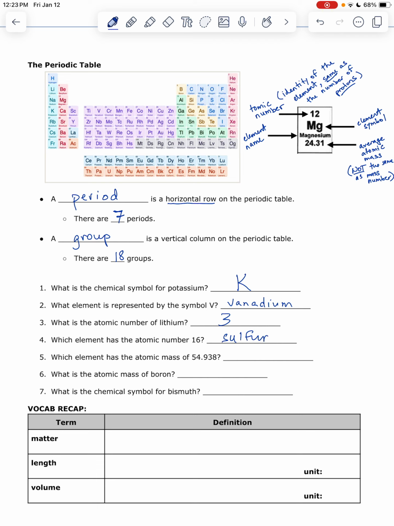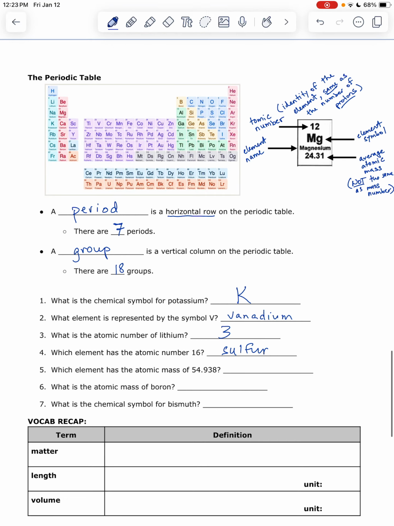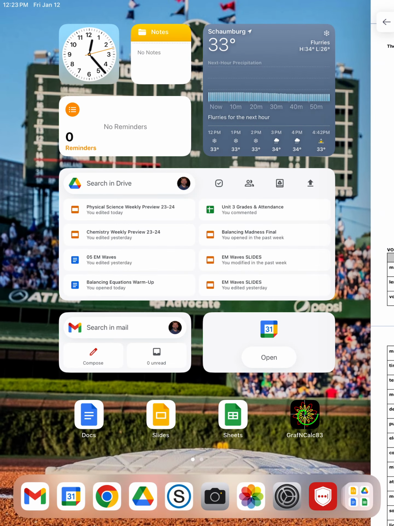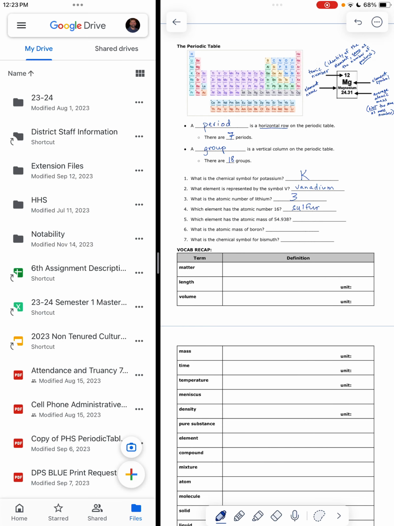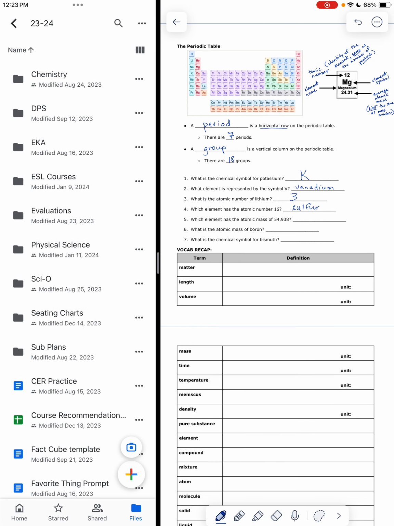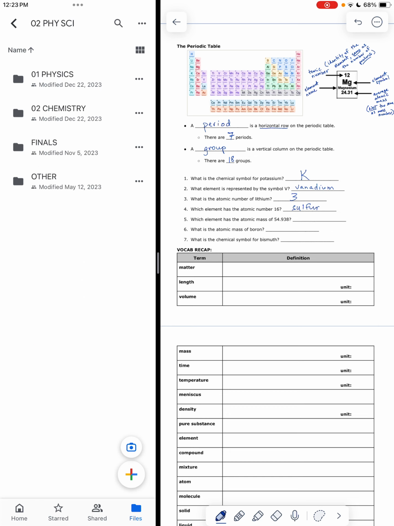All right, sulfur. Which element has the atomic mass of 54.938? Well, can't see it on this one, so you're going to have to use your periodic tables. And your periodic table should be, I think, here.